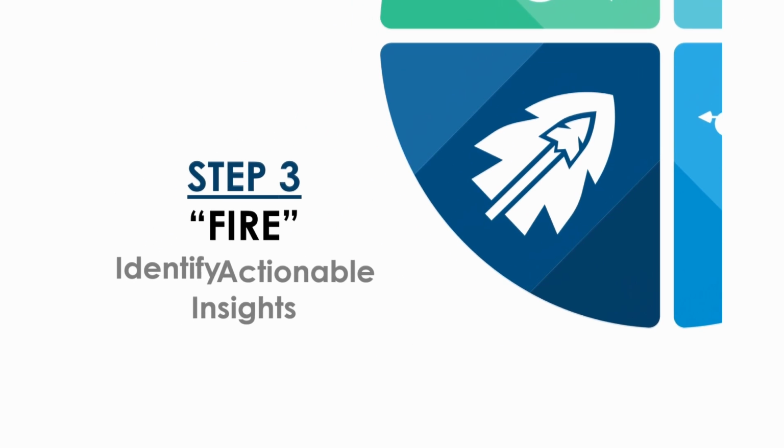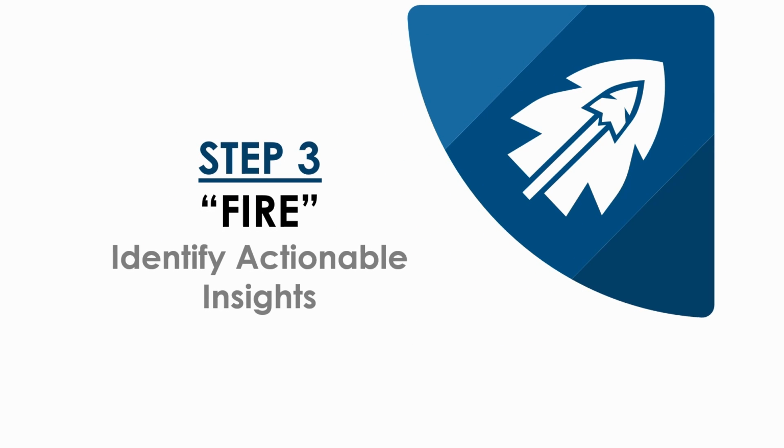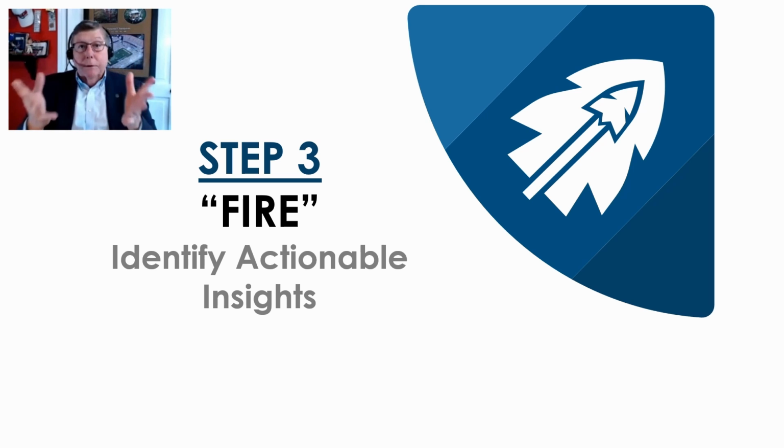So step three is fire. Now we have this cost and profit detail that goes again beyond standard cost accounting, and we want to be able to use it to solve problems today. As an example, what customers are we making money on? What customers are totally unprofitable? Same for products.